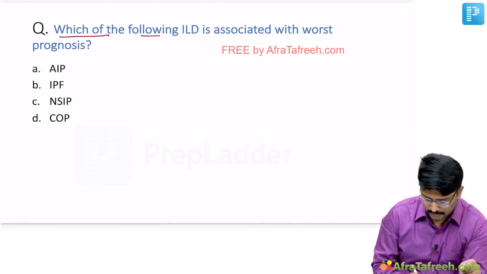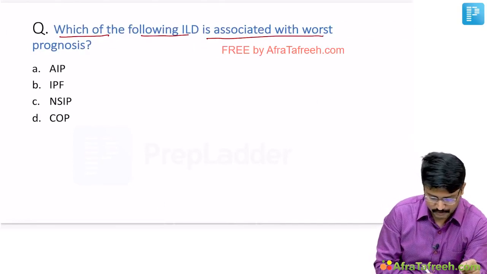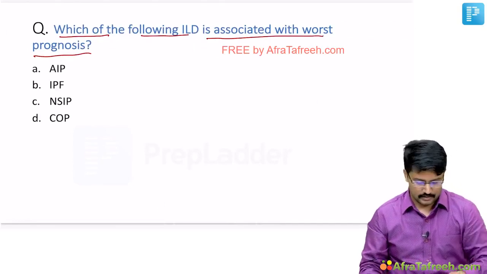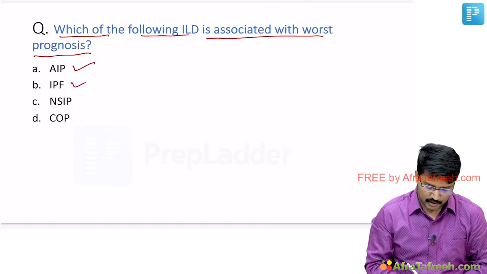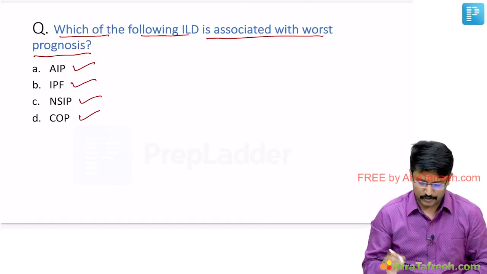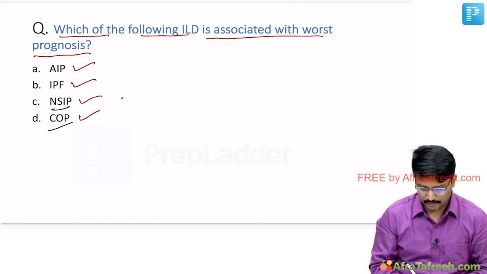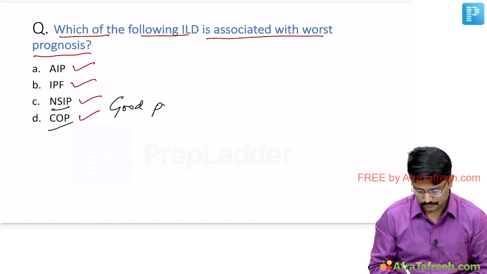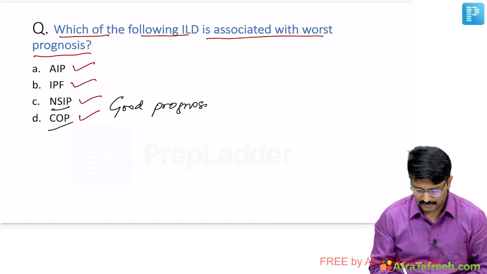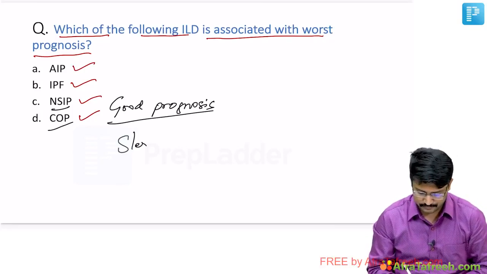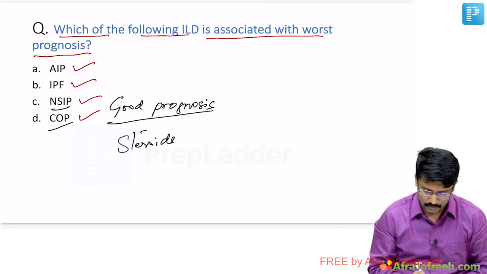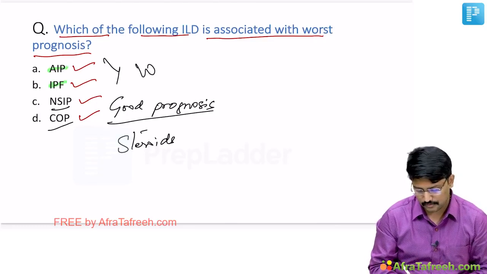I'll close the session with a question. Which of the following ILD is associated with worst prognosis? So we have options of AIP, IPF, NSIP and COP. I told you NSIP and COP have good prognosis and they respond well to steroids. The AIP and IPF have worst prognosis.